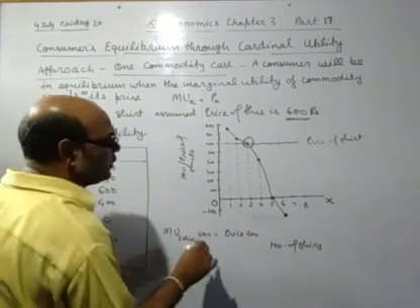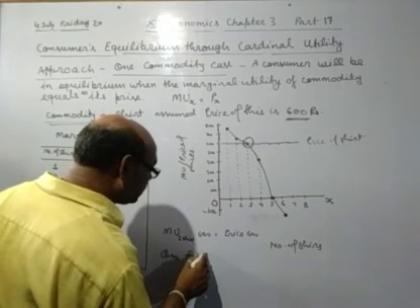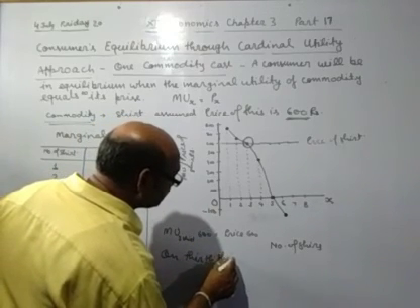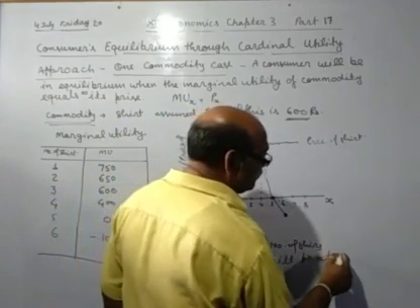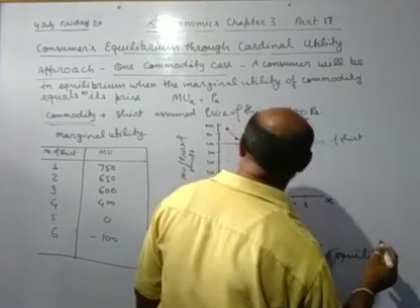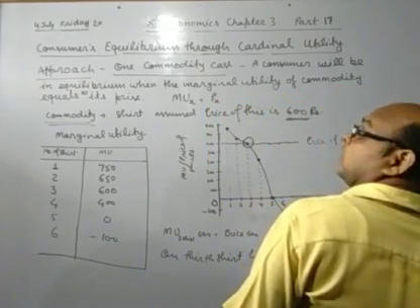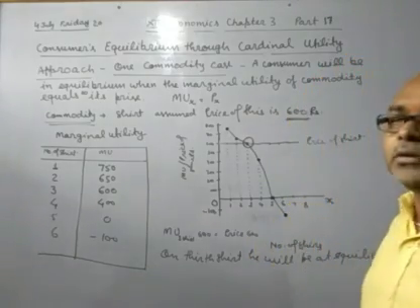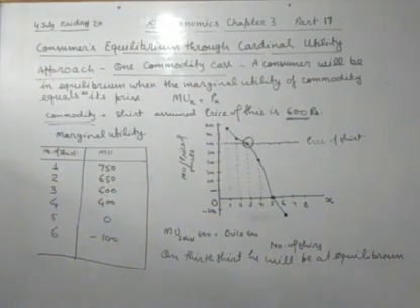So at the third unit, he will be in equilibrium. In the case of one commodity, this is how you prove it. Thank you.